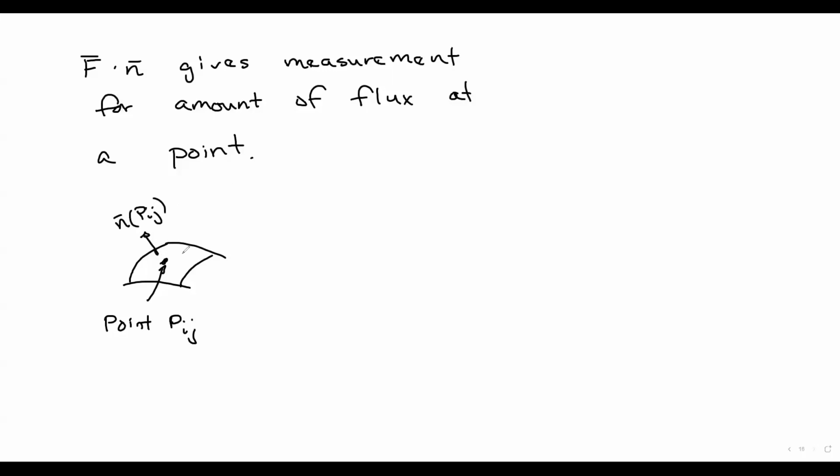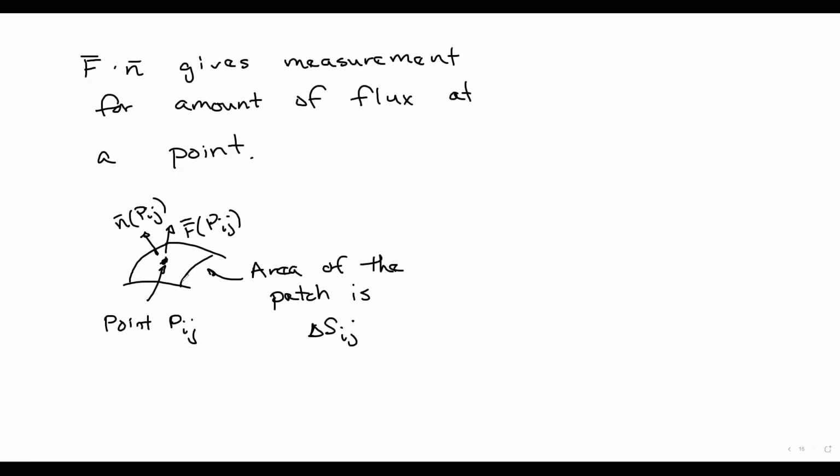We can also calculate the vector field at Pij, and using the direction from my previous picture, we'll say that's upward. Now, obviously, it's not always upward, but we'll just say it's upward. And then we also have the area of my patch. So the area of this patch is change in Sij.